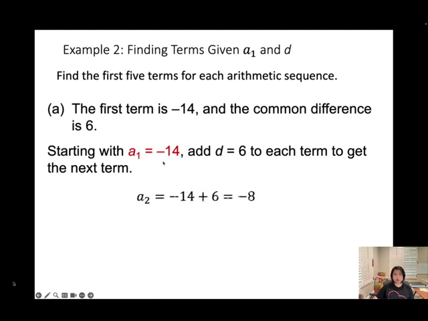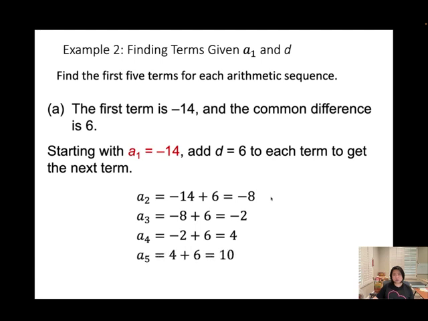So negative 14 plus 6 is negative 8. Do the same thing: a3 is a2 plus 6. Keep doing that. You're going to find this is the arithmetic sequence with first term negative 14 and d equal to 6.